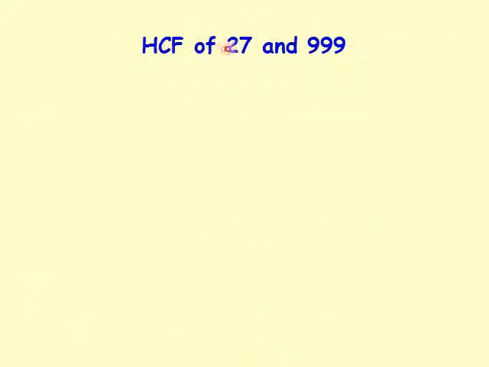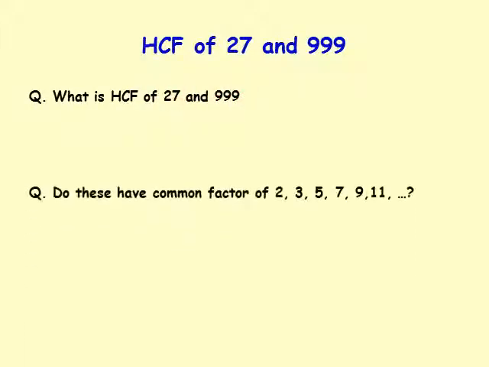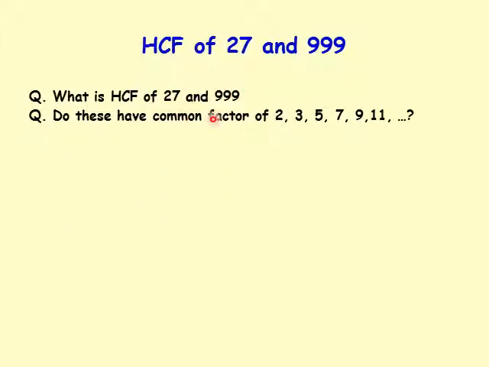Let's do the HCF of 27 and 999. What's the HCF of 27 and 999? The first thing we look at is whether any of these numbers are divisible by 2, 3, 5, 7, 9, and 11. 9 is a common factor here.